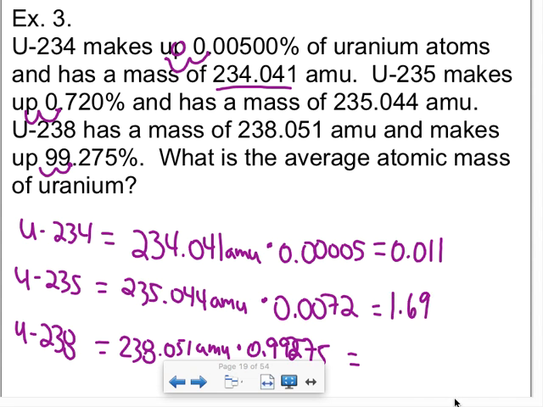Actually, it's pretty big compared to those. 238.051 times 0.99275 is going to be huge. So now I'm going to add up all three of these. About 237, 238, 239, something like that. Let's see. 238, no, 239, right?